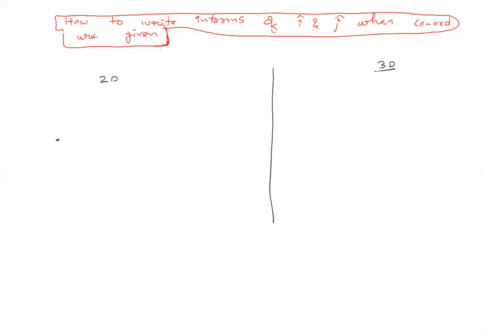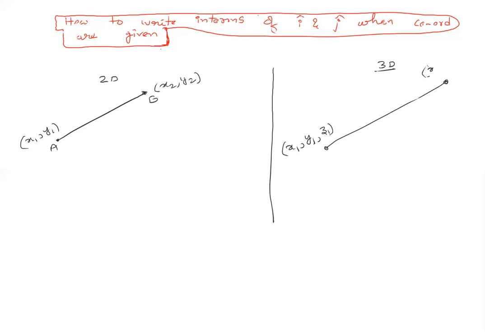So in 2D, if you have the coordinates x1, y1 and the next coordinate x2, y2, this is point A and this is point B. In 3D, let us say all three coordinates are given: x1, y1, z1, x2, y2, z2. So how you represent it in 2D and 3D, I'll write here.